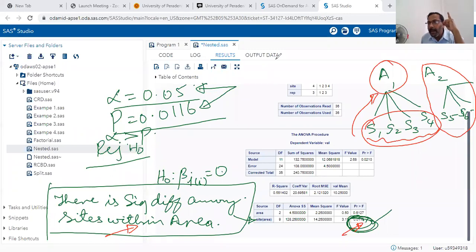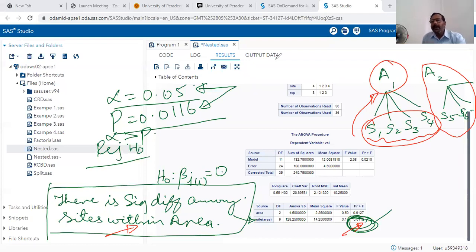Can you remember in factorial we talked about? If the factor interaction is significant, then we do the mean separation, keeping one level of factor constant and comparing the levels of the other factor. Right?